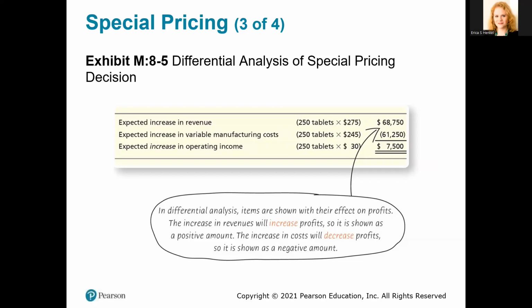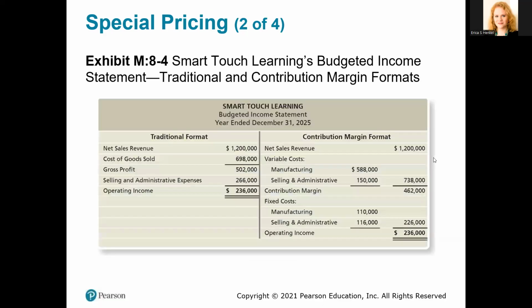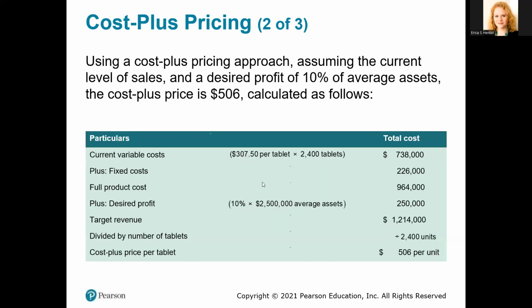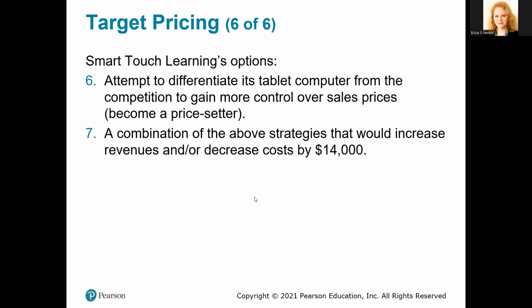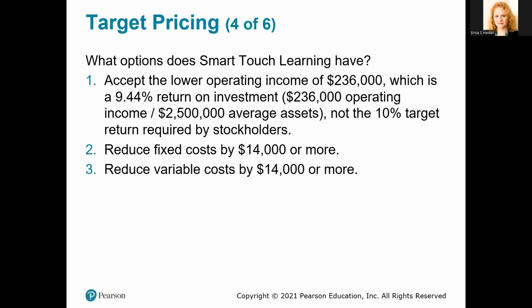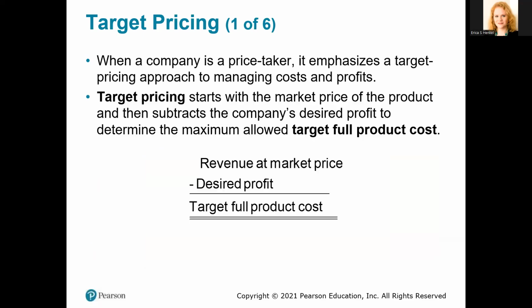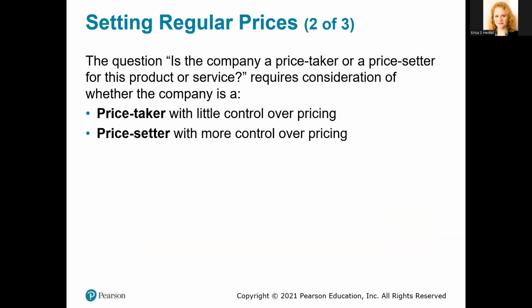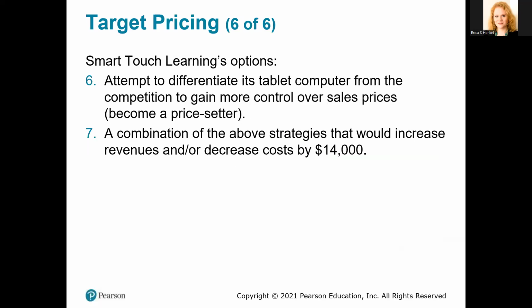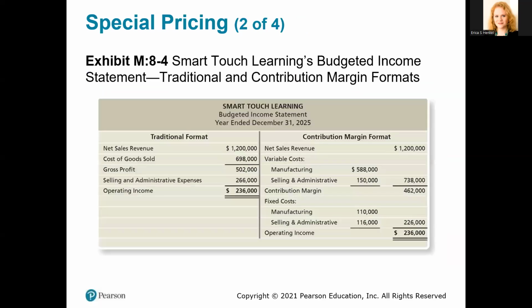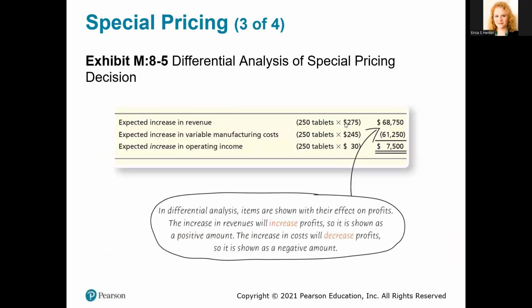They had $275 as the special price, which, if you remember back to our earlier slides, the revenues they were getting were, all right, I can't find it, but somewhere higher than that, right? So this is a discounted price that they're getting here at $275.